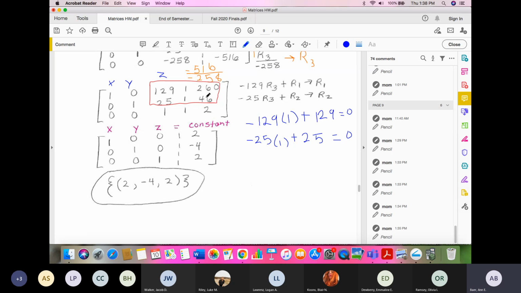So now we want to move along to these guys. We haven't done these in the last column here. So we want to take negative 129 from up here, times R3. Row 3 here, we have a 2. Plus row 1, 260.